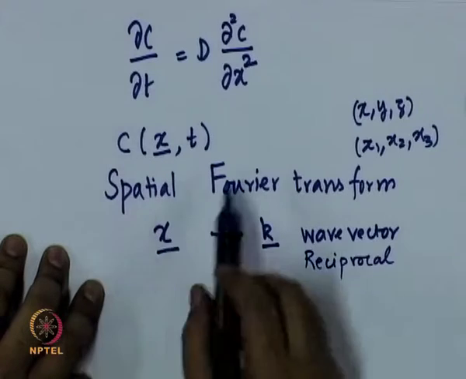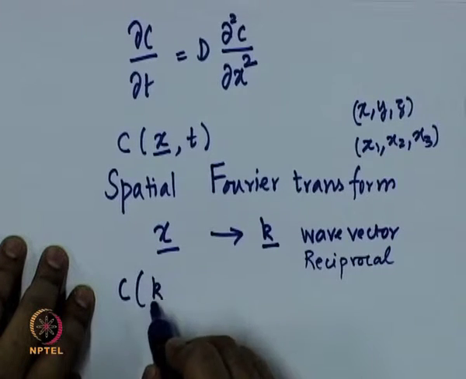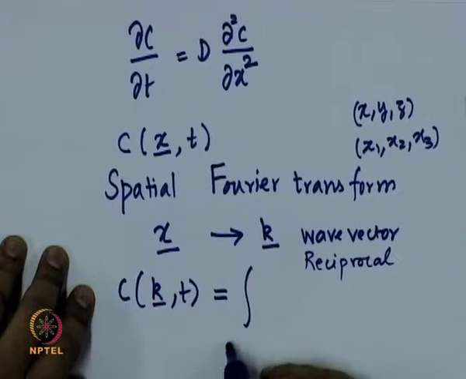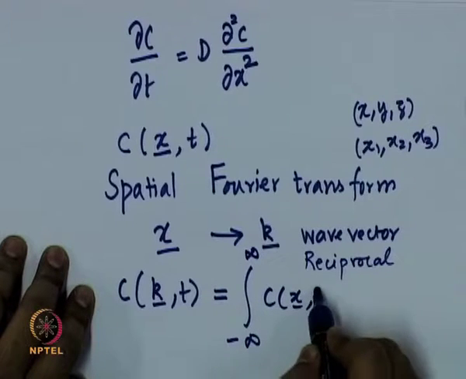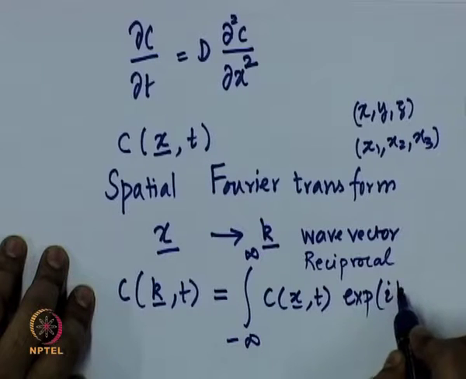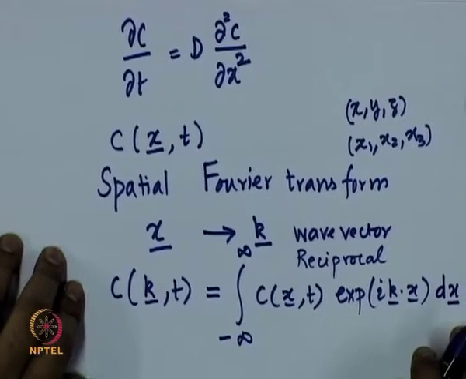So the Fourier transform is typically given as C of k comma t is equal to integral from minus infinity to plus infinity. You take C of x comma t, multiply by exponential i k dot x, and then you volume integrate over x.